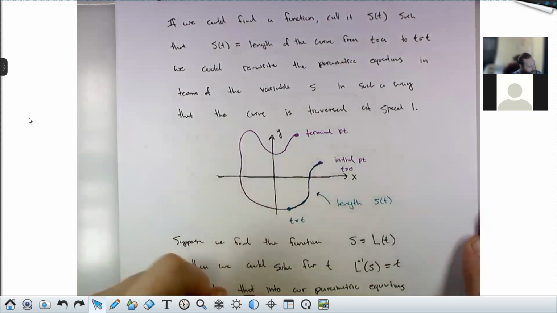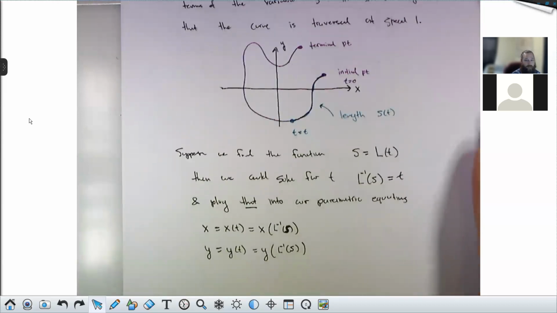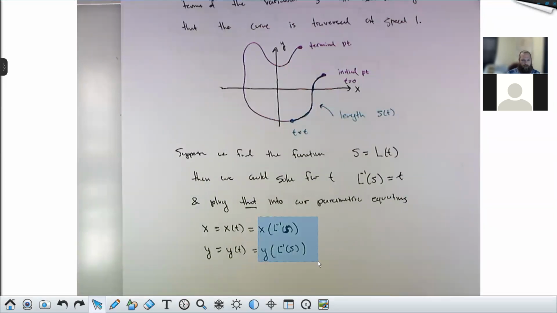So x equals x of t would become x of L inverse of s, not t here, and y, which is y of t, would be y of L inverse of s. These new parametric equations would trace the same curve, but at a constant speed.